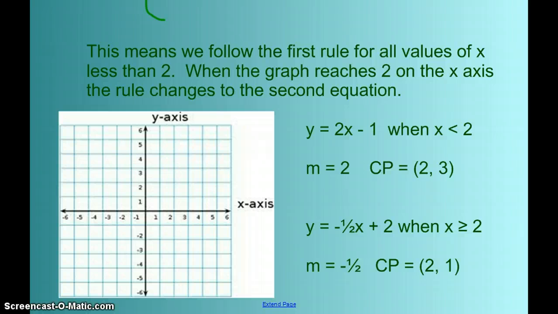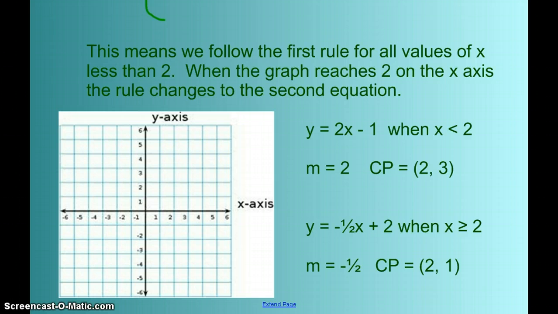In order to create a piecewise graph, we need a couple of pieces of information. We need the slope of our line, and we need to know the critical point. That critical point refers to the point where your graph is going to stop being on the plan y equals 2x minus 1 and change to the plan y equals -1/2 x plus 2. And that occurs when x is 2.